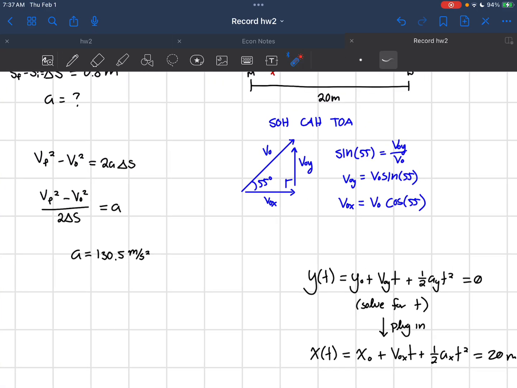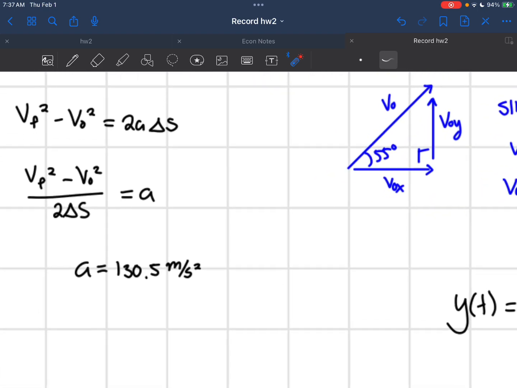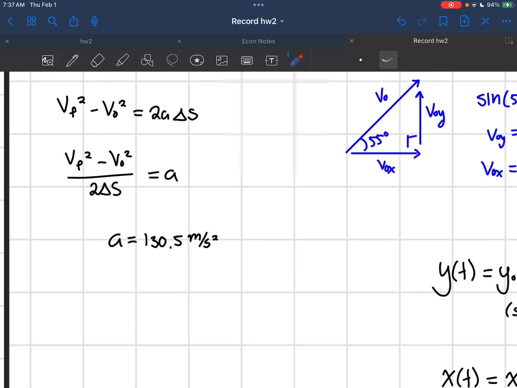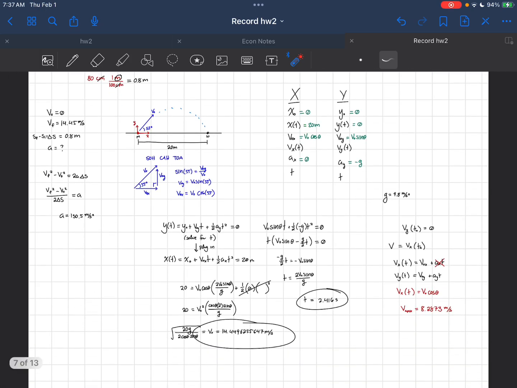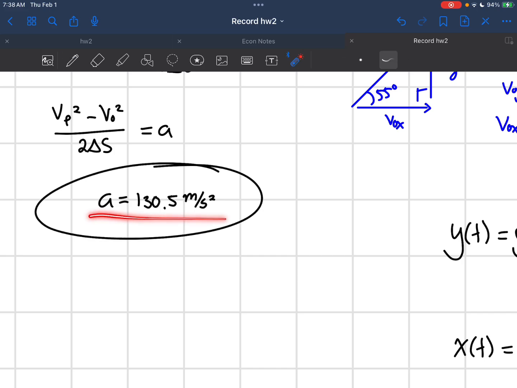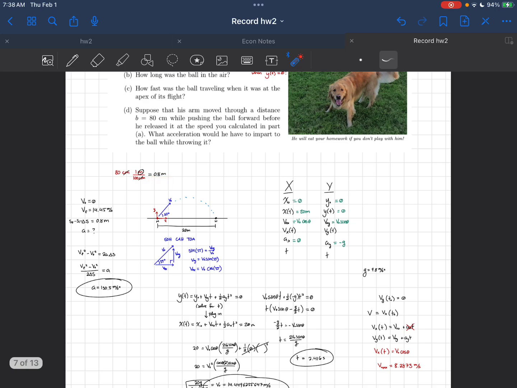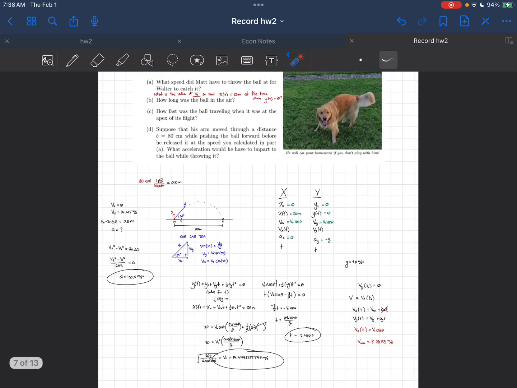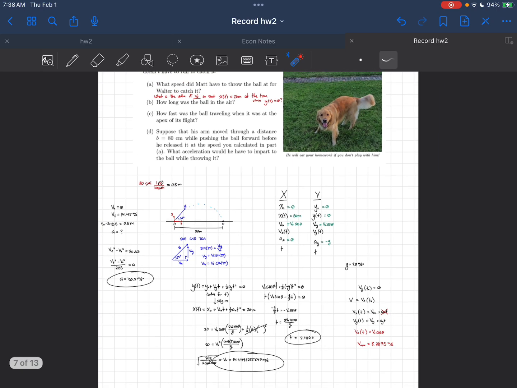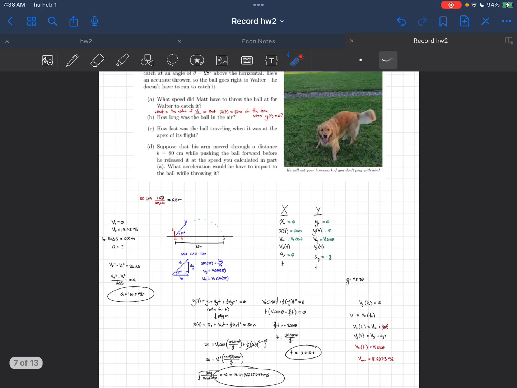Now that's much higher than gravity, which is 10. It's about 13 times gravity. So that was the thing that we did in our last homework, comparing the acceleration that we calculated to gravity. It's accelerating over a pretty short distance, so I would say that's fine. Again, as long as it's not completely outrageous, like we're not accelerating past the speed of light, then I think that's fine.